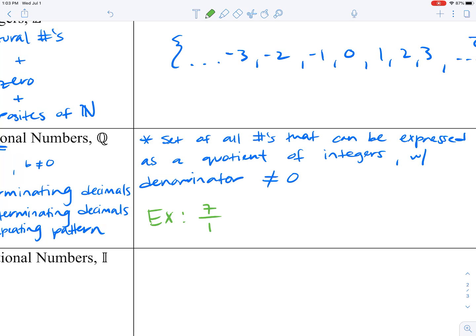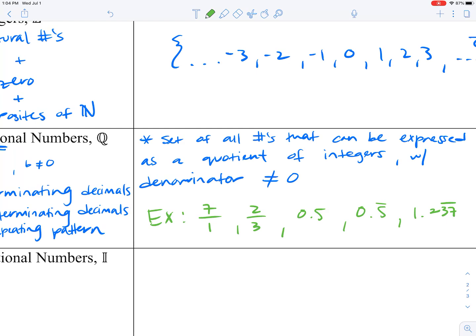I'll use a different color here and put some examples. Don't forget, integers, like 7, can be thought of as 7 over 1. So all the integers are going to be rational numbers. And then fractions like 2/3, and repeating decimals, like 0.5 with the line over it, which means that the 5 is going to continue repeating forever.